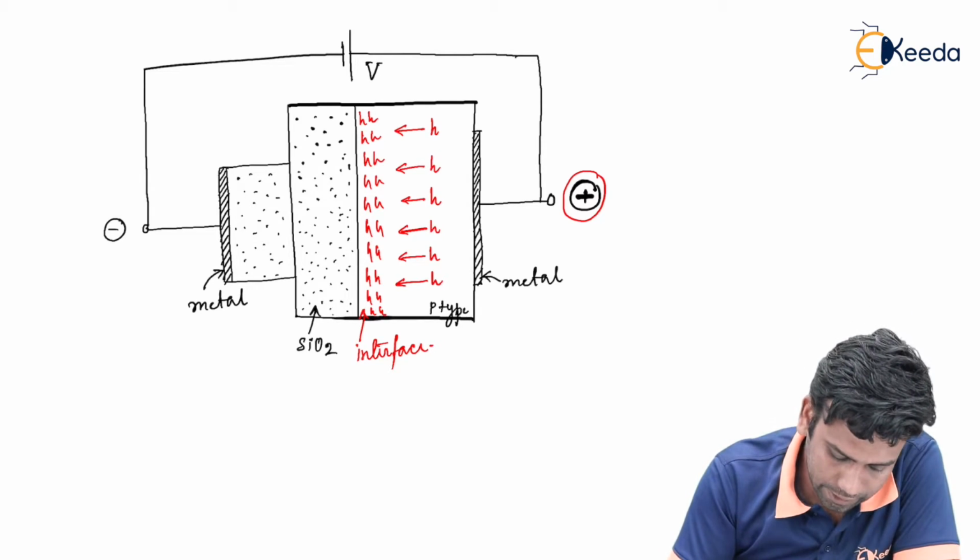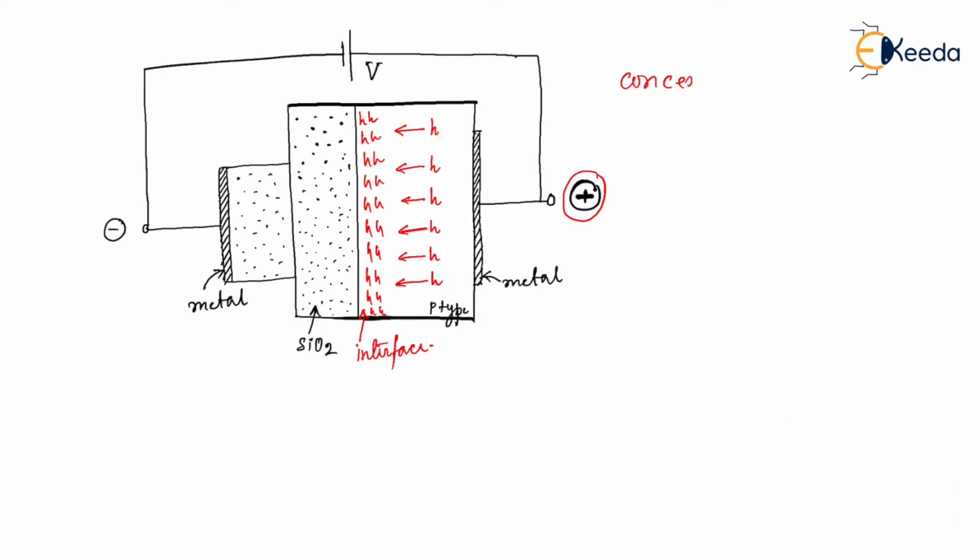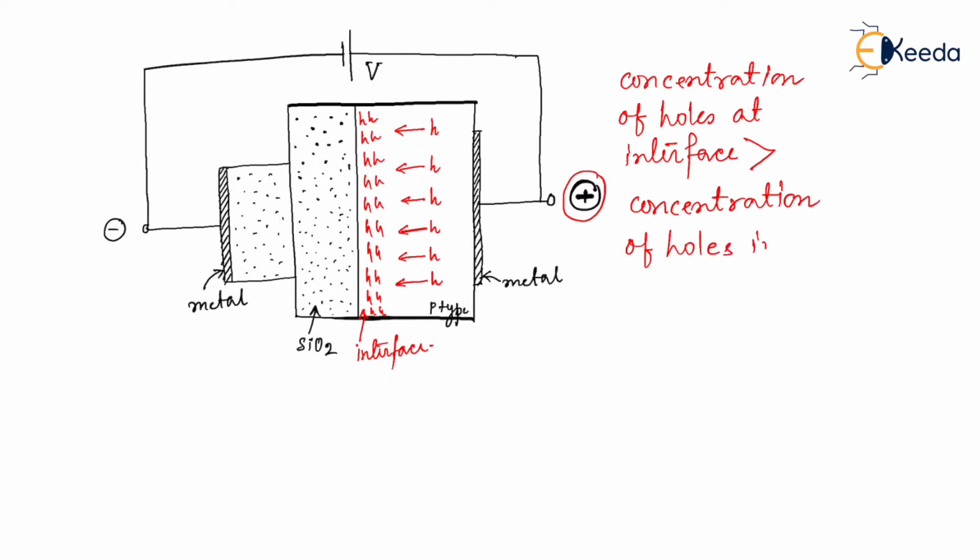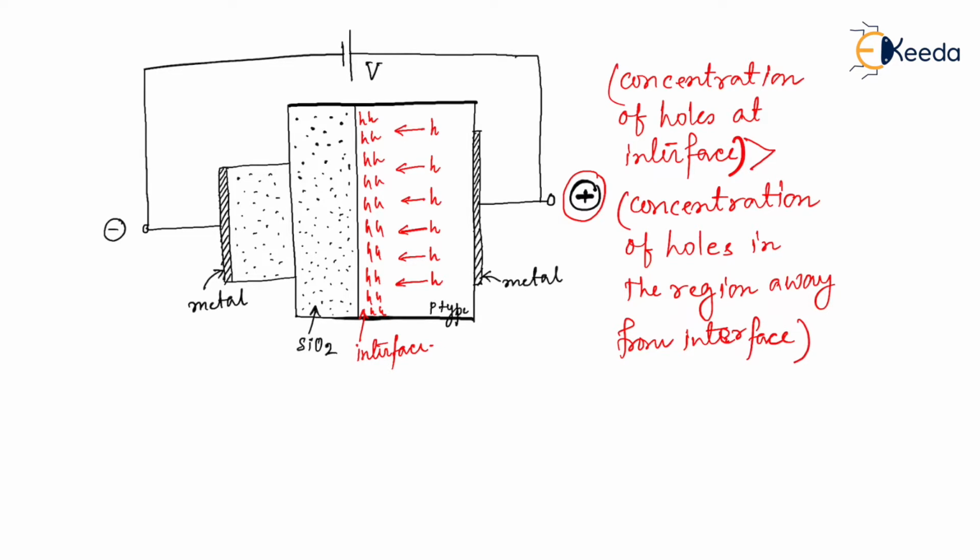So we can write that hence the interface region semiconductor will behave as more p-type than the semiconductor away from the interface.